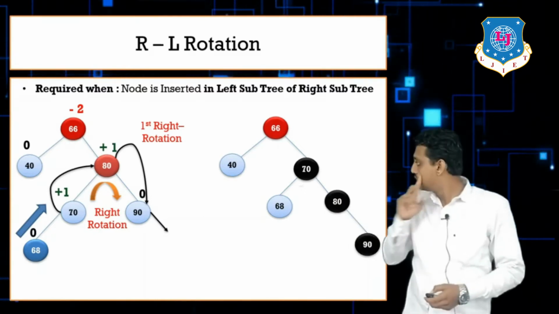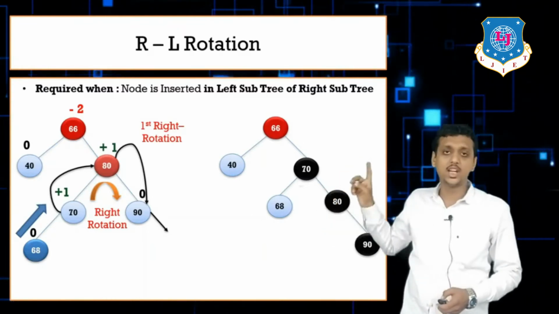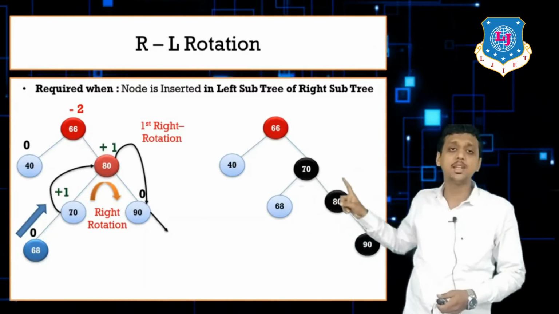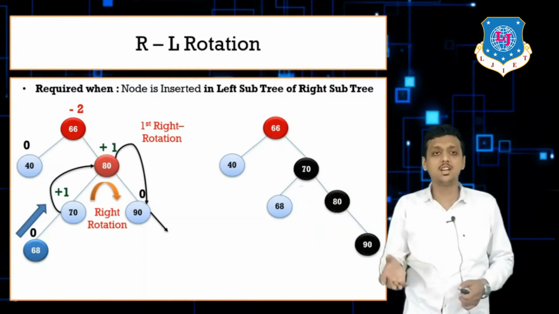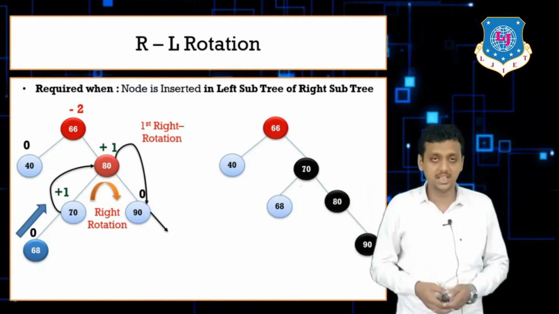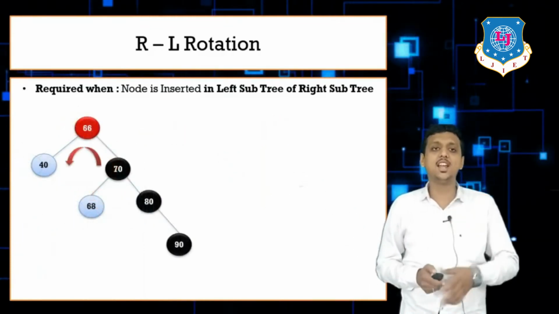What you do is apply right rotation on node 80. 70 will take the place of 80, 80 will take the place of 90, and 90 will go down. And 68 is brought one step ahead on the left side of 70. Now apply left rotation.